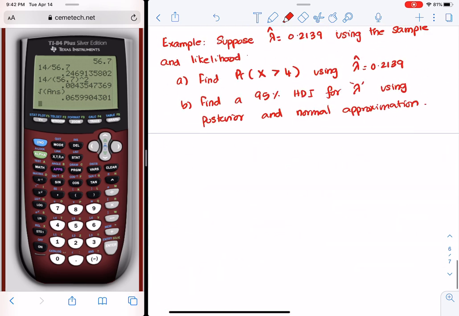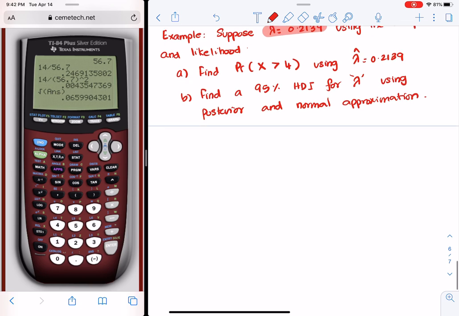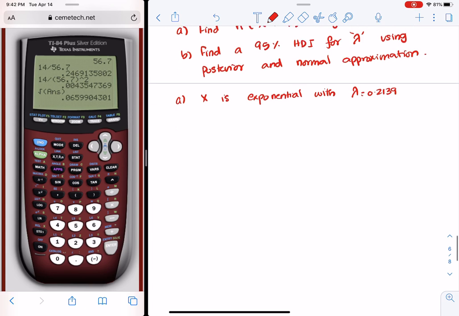Now, I'm going to use that value, whatever the sample gave me, and I'm going to arbitrarily ask the question, what is the probability that x would be greater than 4? And I know that x is exponential with lambda equals 0.2139. I put a hat to indicate an estimator.